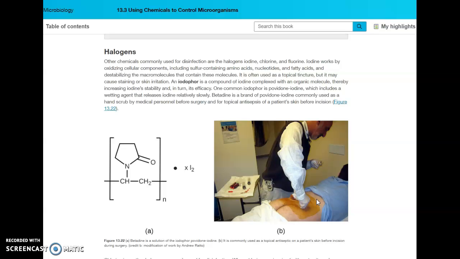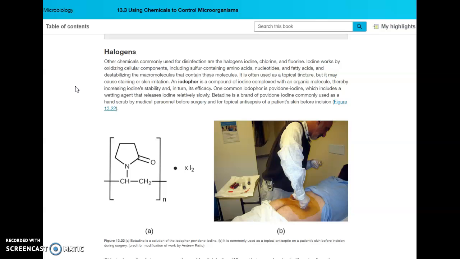So the halogens are those that are in group 17 of the periodic table. So we have fluorine, chlorine, bromine, and iodine. And we don't typically use bromine very often, but it can be used as an antimicrobial agent.